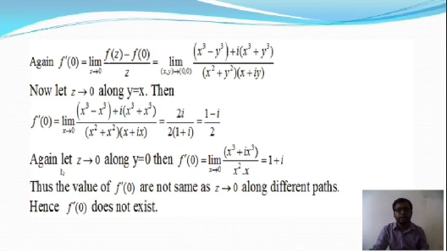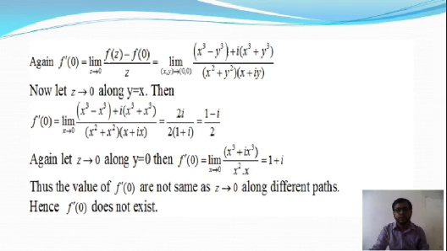And again I will take y is equal to 0, a straight line along the axis through the origin. It is also different from the first straight line, and it passes through the origin as well. So from this we'll get the value of f'(0) is 1 plus i.